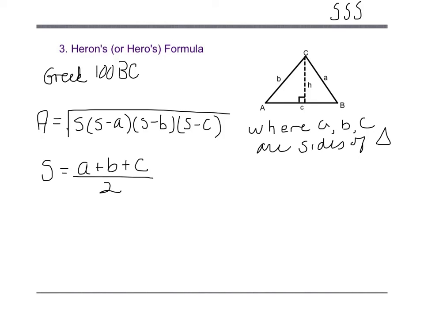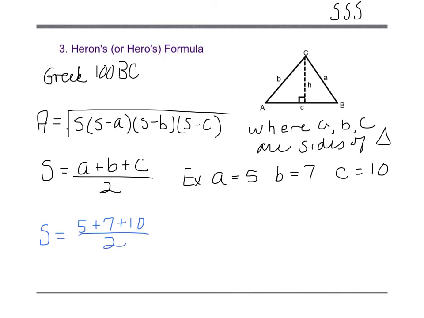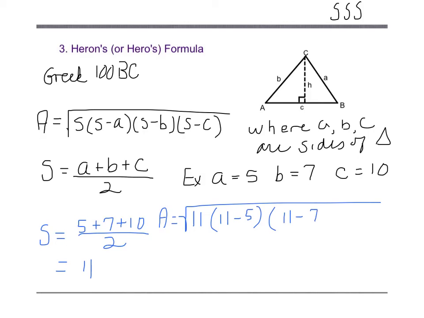So an example would be if they gave me the sides A is 5, B is 7, and C is 10. The first thing you would do is find S. S would be equal to 5 plus 7 plus 10, 22, divided by 2 is 11. All right, so the area equals the square root of 11 times 11 minus 5 times 11 minus 7 times 11 minus 10, which is 1.